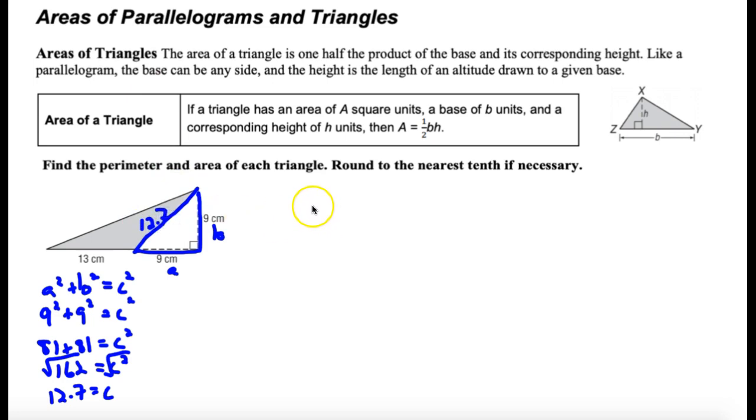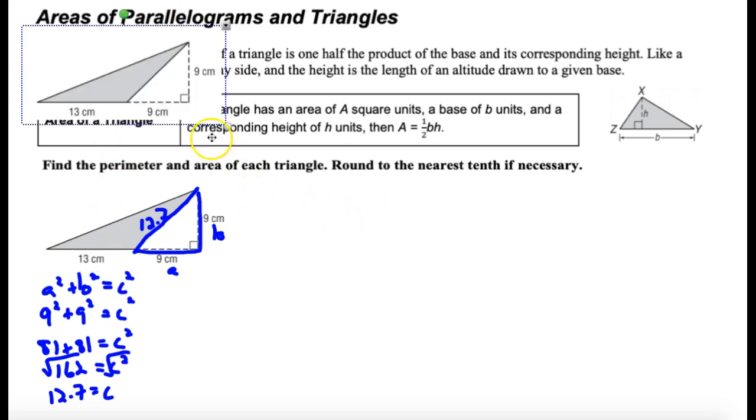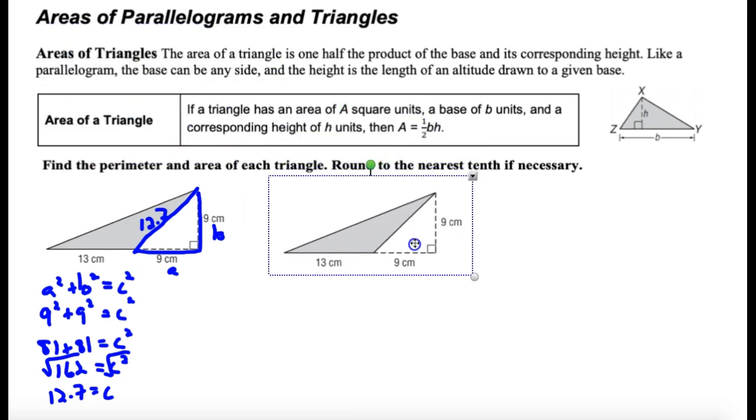Okay. Now, we would actually need to find this side as well. Okay. This is actually kind of tricky to see here. Okay, so what I'm going to do is get another copy of this triangle over here.